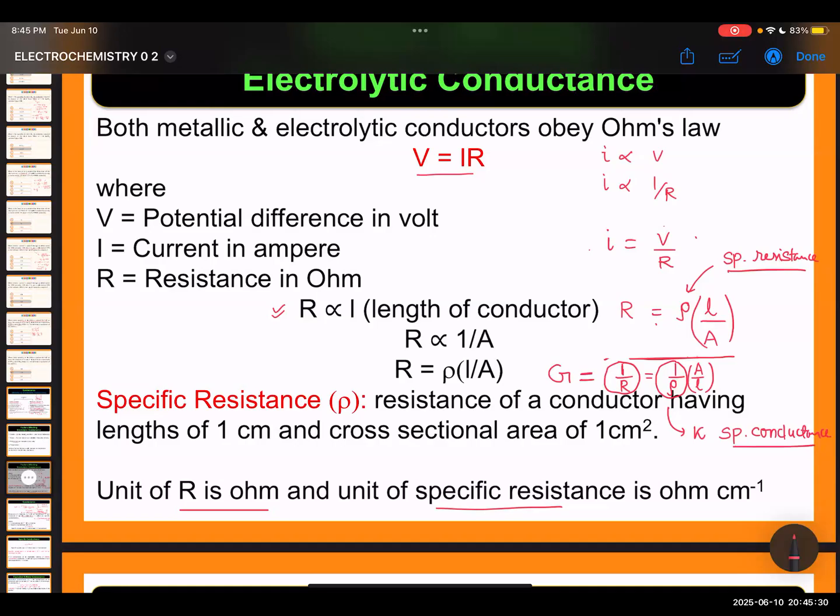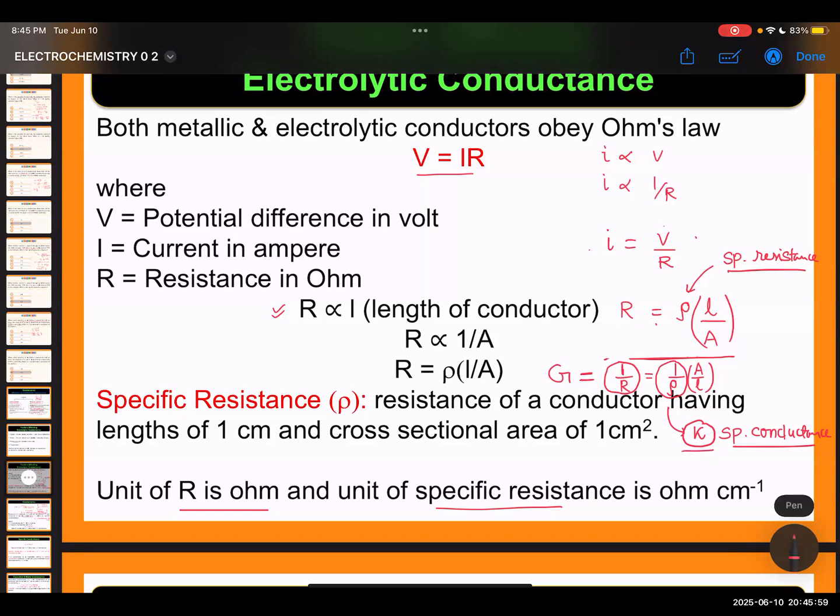It is the conductance offered by an electrolytic solution or conductor having cross section area of 1 centimeter square and length of 1 centimeter. Wherever you have the word specific, that means per unit, whether it is physics or chemistry. I hope this is clear.